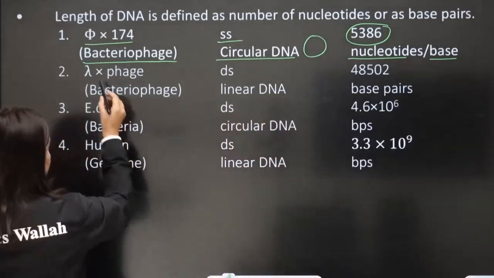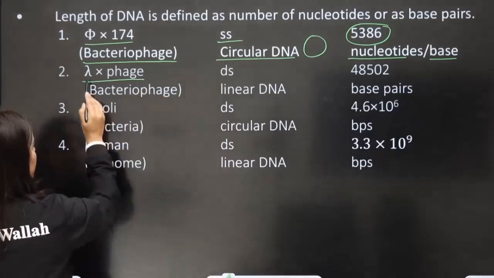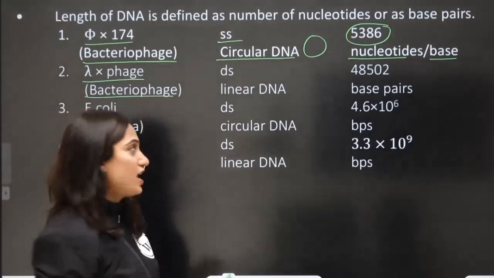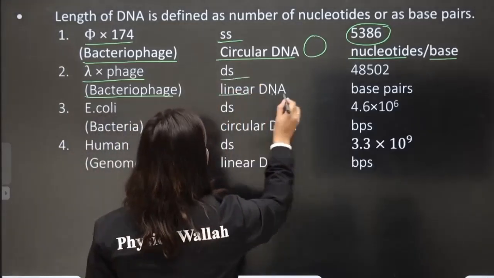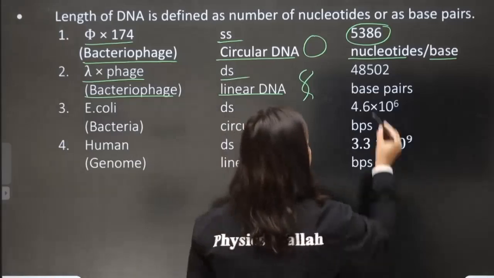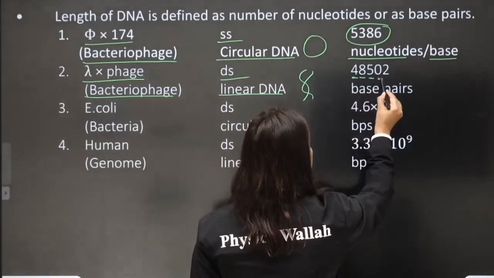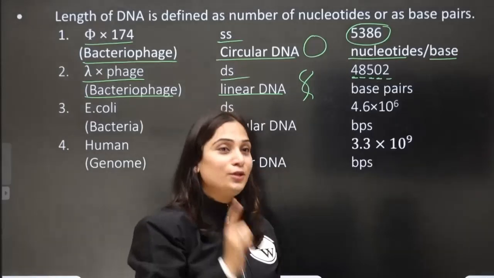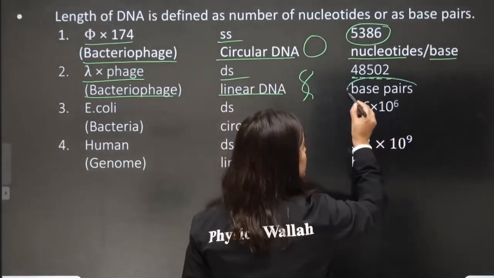Then the second organism given here is lambda phage. This is also a bacteriophage or virus which has double-stranded linear DNA. And it has 48502 base pairs.